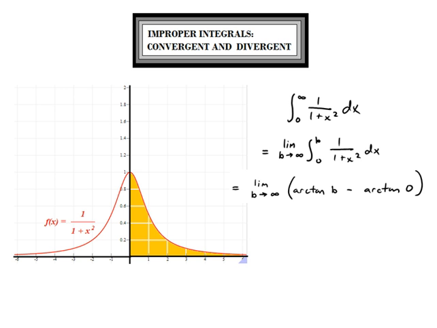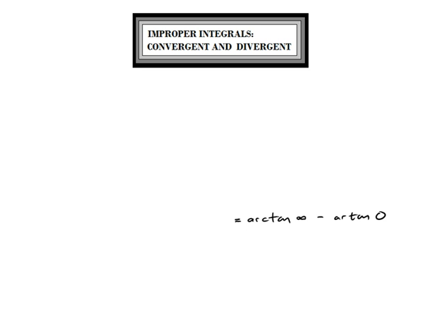It's the same antiderivative, and if we apply the fundamental theorem of calculus, we end up with arctan b minus arctan 0, and here you might need a little guidance. Arctan infinity. What the heck is arctan of infinity? Arctan 0 is 0, so that part's a piece of cake. But let's take a closer look at arctan infinity.